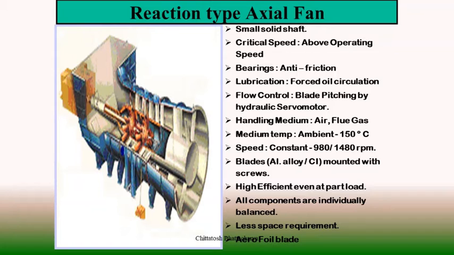So beside inlet guide vane and discharge damper, this type of reaction fan can regulate the quantity of gaseous fluid flow across the fan. By that they can control the degree of reaction and discharge through the fan.